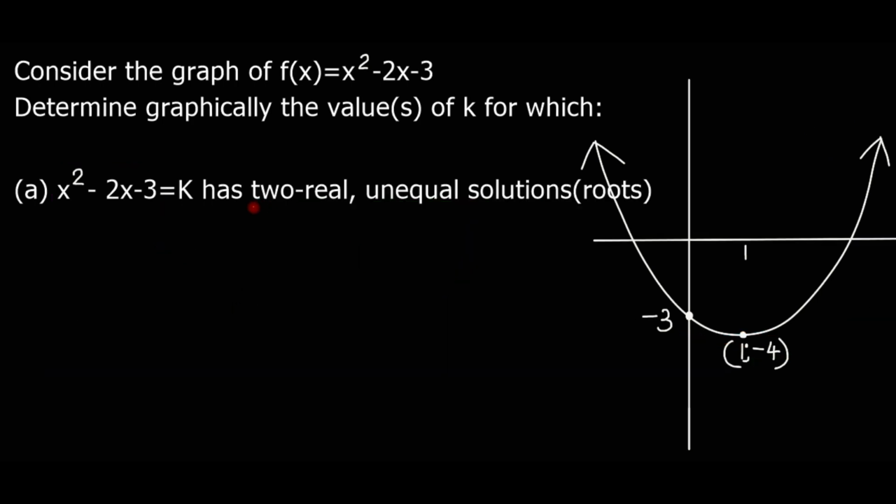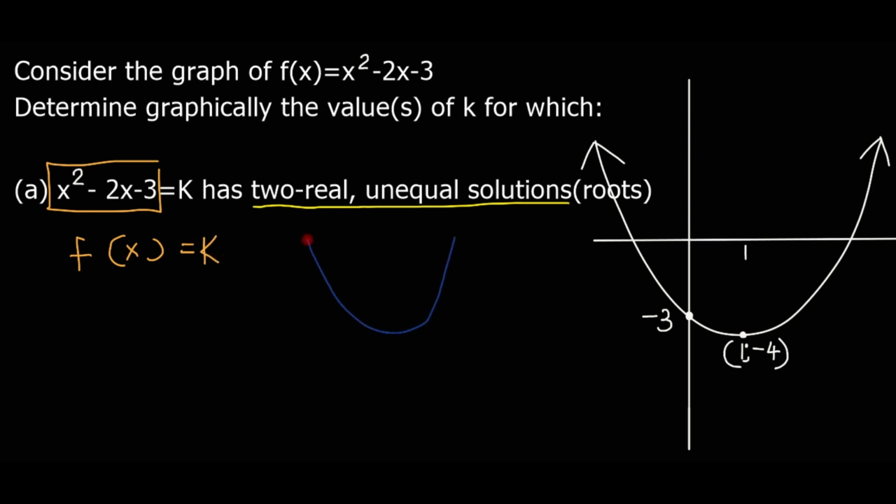This one is two real unequal solutions, and then basically it's the same case here, whereby f(x) is k. So it means the horizontal line. This is the graph, and it says two real unequal solutions.